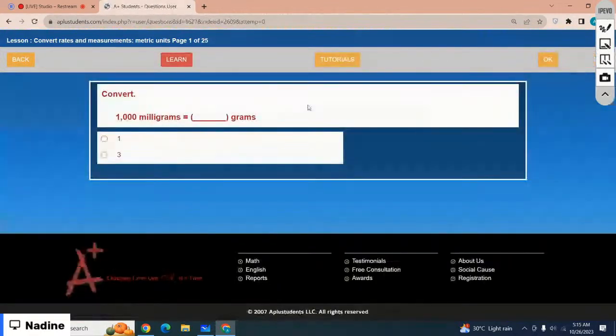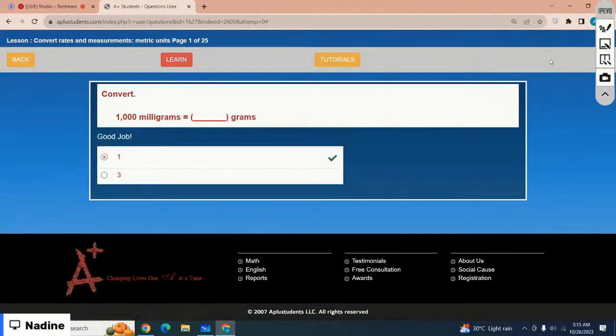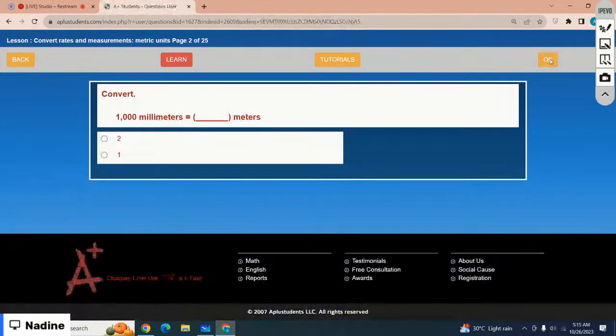1000 milligrams equal how many grams? The correct option is 1 gram. 1000 millimeters equal how many meters?